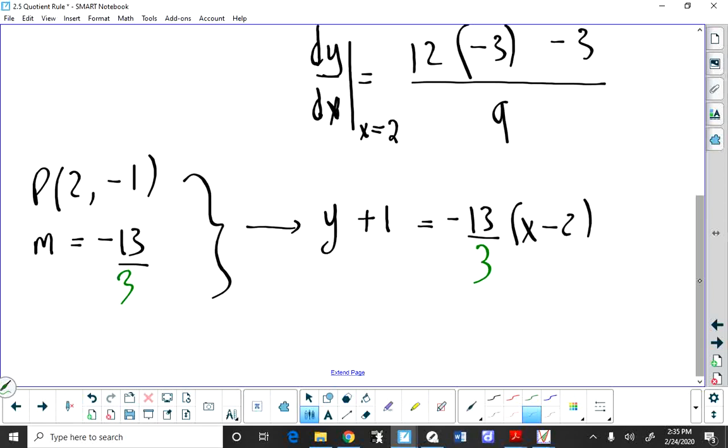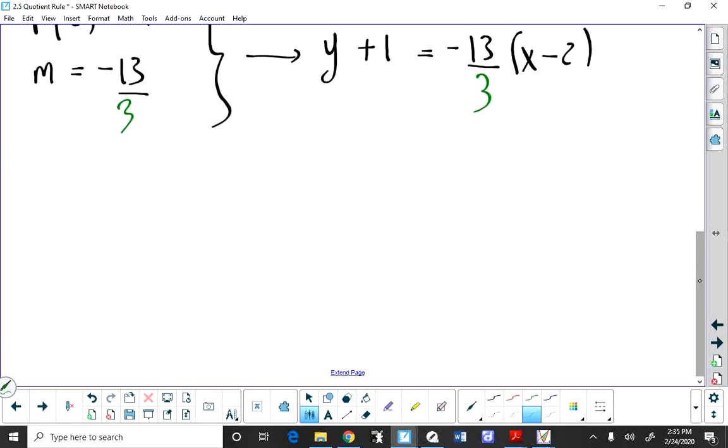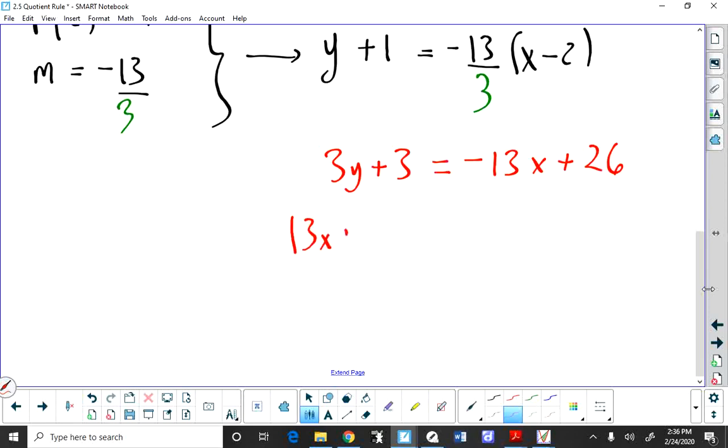So let's get rid of them at the outset, which would mean 3y plus 3 equals negative 13x plus 26. Move everything to the left side to get 13x plus 3y minus 23 equals 0. How's my numerical arithmetic there? Is that okay? And that's the equation of the tangent.